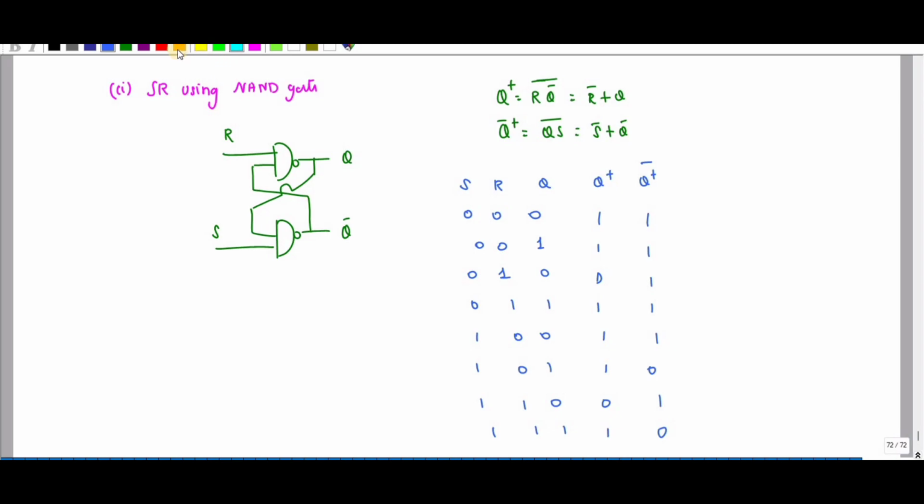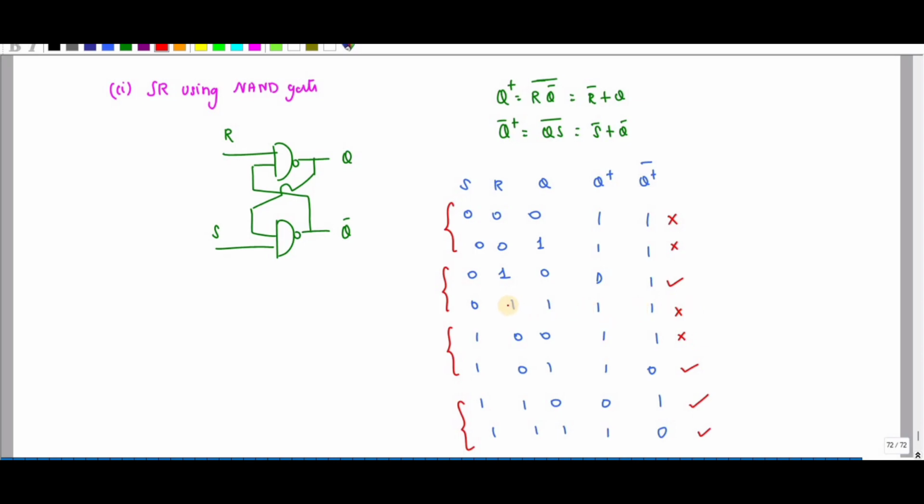Okay. So what are the cases acceptable? This is acceptable, this is acceptable, this is acceptable, this is also acceptable. So these conditions should be avoided. But let me assume why it is coming like this.